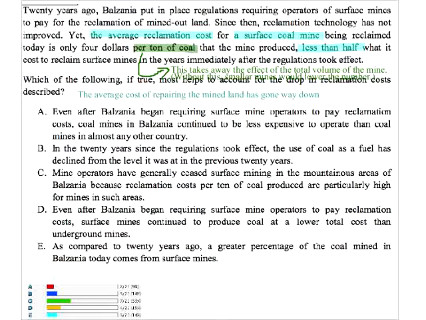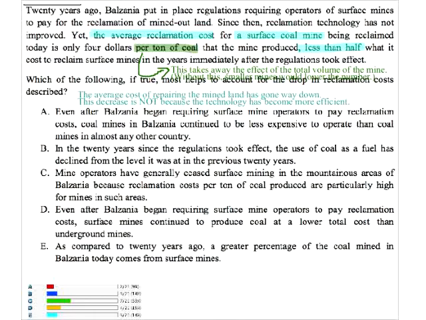But this decrease is not because the technology has become more efficient. So what we need is something else that is not an increase in efficiency that would explain this.